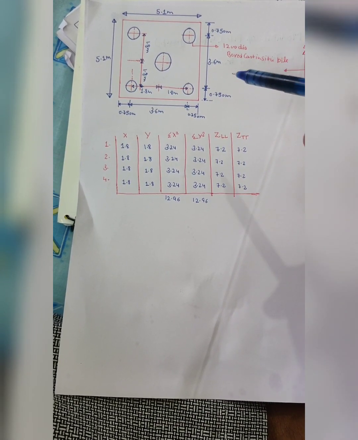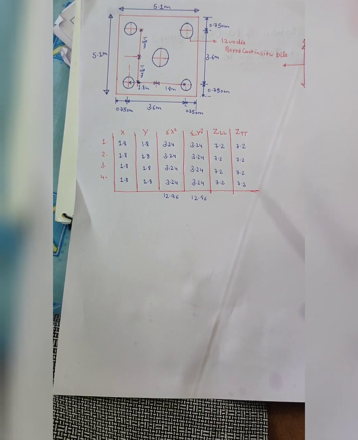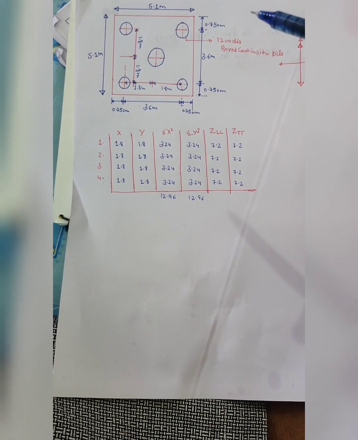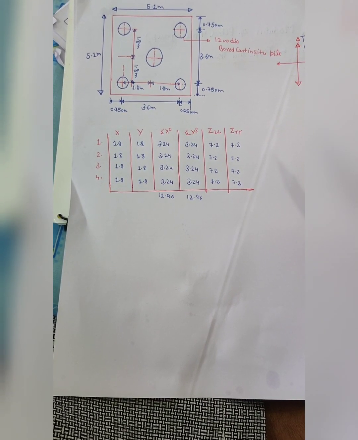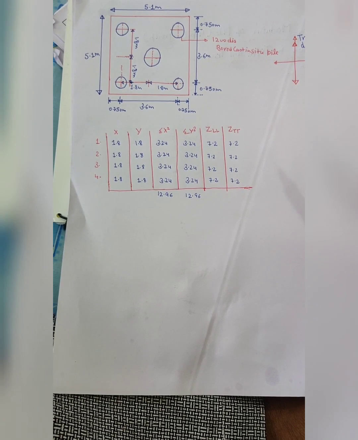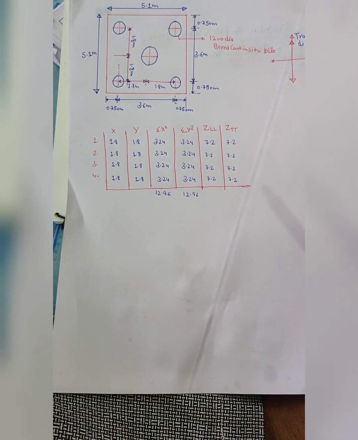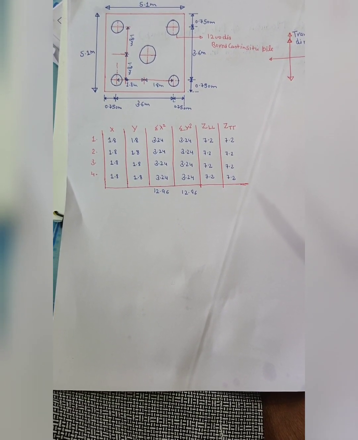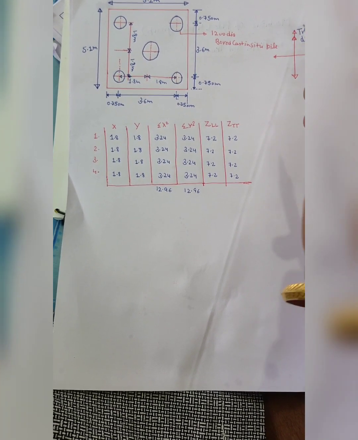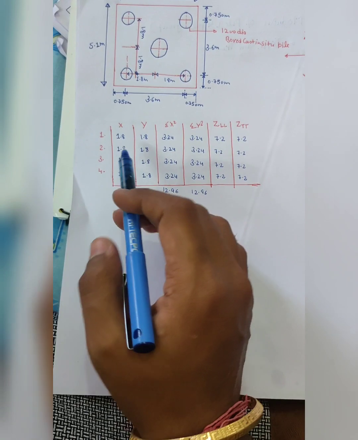If your pile cap section fails in shear, then we increase the depth from 1.8. But according to the code, the minimum depth is 1.5 times the diameter of the pile. So here we discuss the section modulus for the 4 pile group.